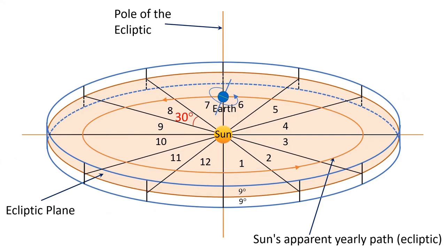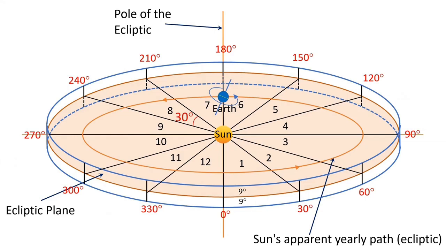The first zodiac sign starts at 0 degrees and finishes at 30 degrees. The second sign starts at 30 degrees and finishes at 60 degrees. The third one starts at 60 degrees and finishes at 90 degrees, and so on. And likewise, the 12th or last sign starts at 330 degrees and finishes at 360 degrees, which is called the end of the zodiac.